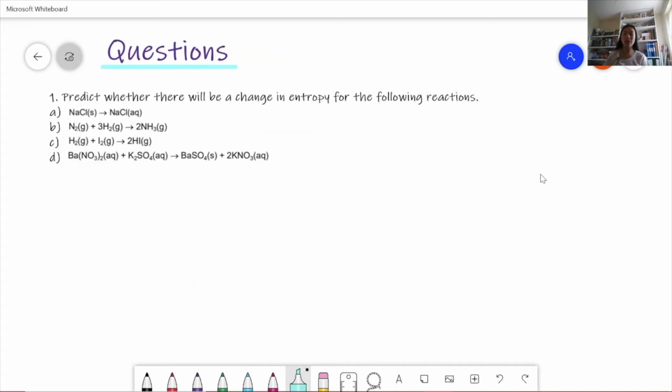Now we're going to look at some questions. So for number 1, predict whether there will be a change in entropy for the following reactions. For A, sodium chloride solid to sodium chloride aqueous. And we know that entropy increases when you go from solid to gas. And that's because the particles move about more, so there's more disorder.